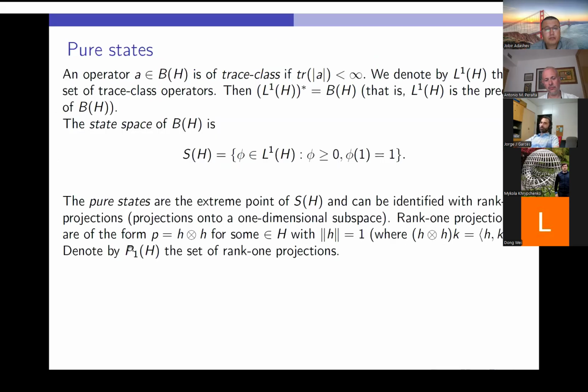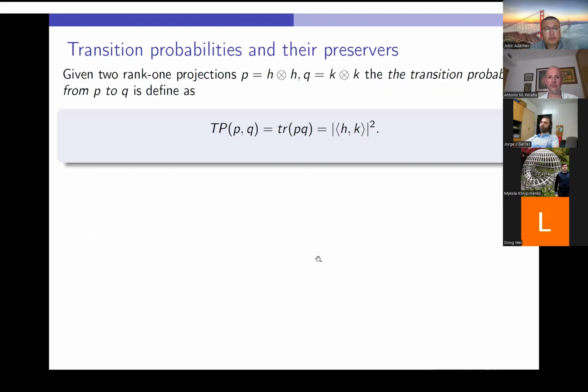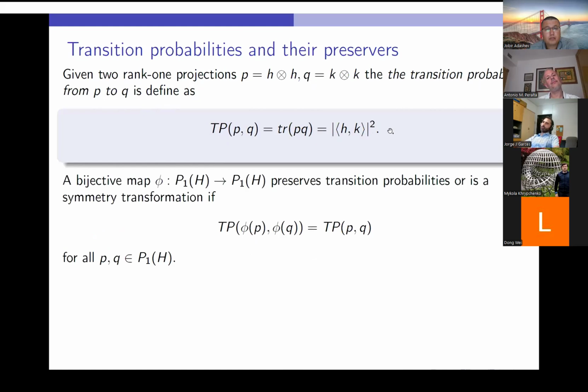We are going to denote in this way the set of rank 1 projections in the Hilbert space H. So given two rank 1 projections, the transition probability from P to Q is defined in this way, and it's equal to this number here. And we say that a bijective mapping between the sets of rank 1 projections preserves transition probabilities if it has this property.